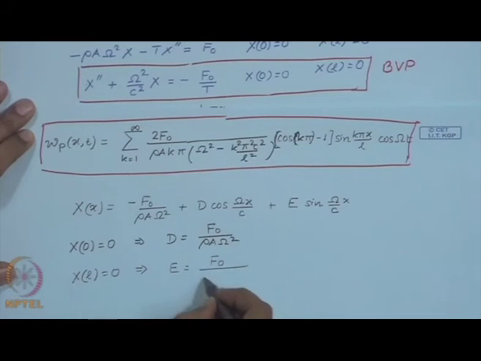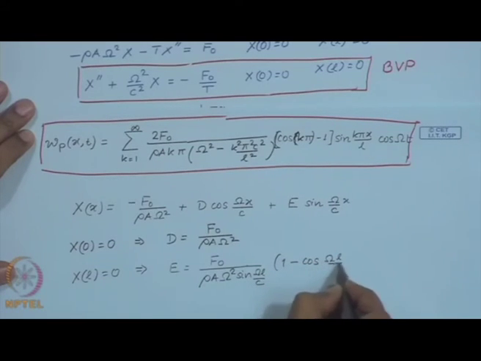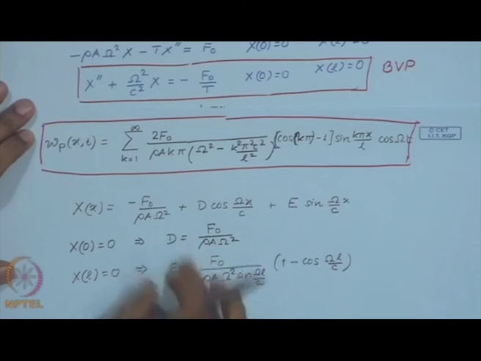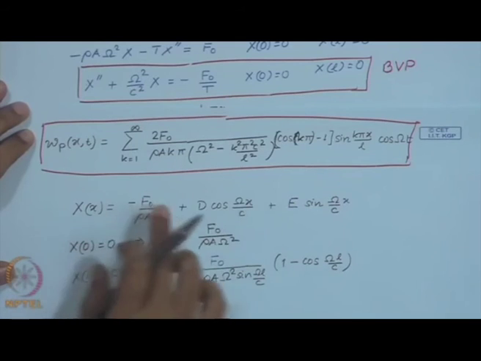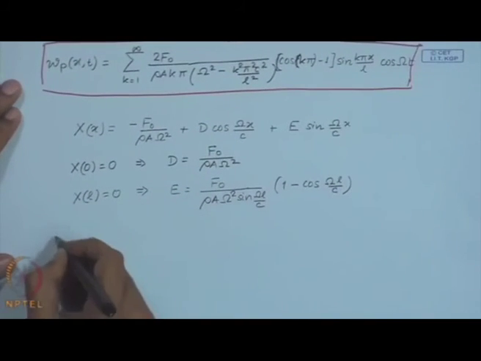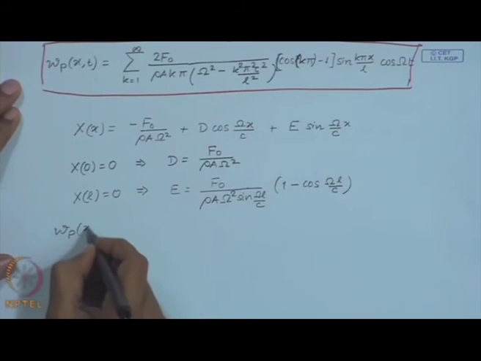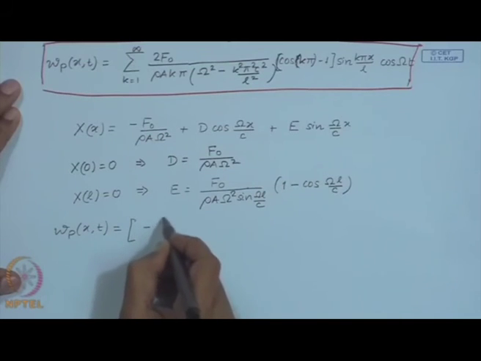So, if you solve for these constants d and e, you can easily obtain these constants which can be substituted here and you can once again get the particular solution, but now the particular solution is a closed form expression.